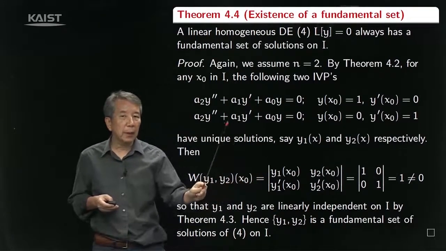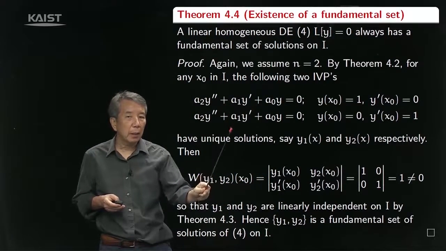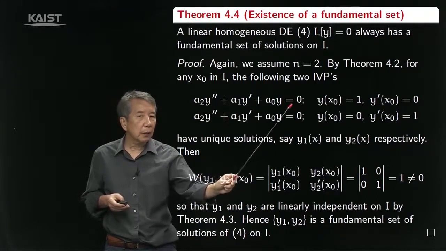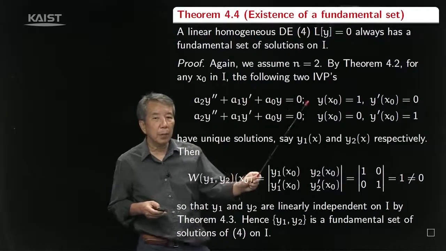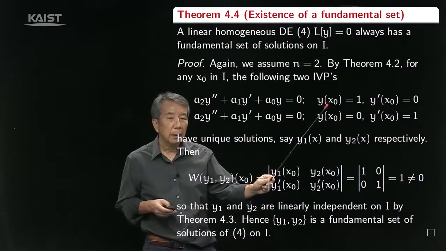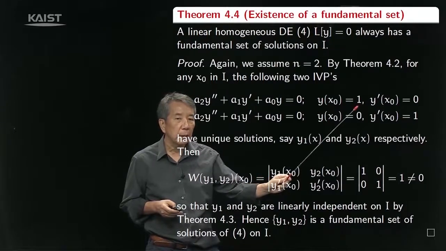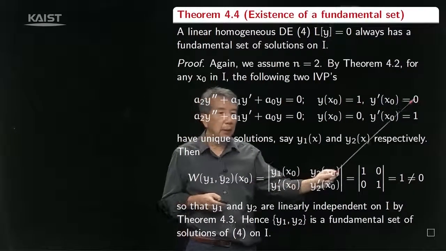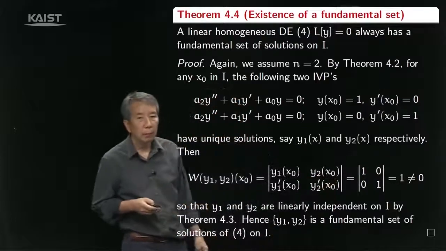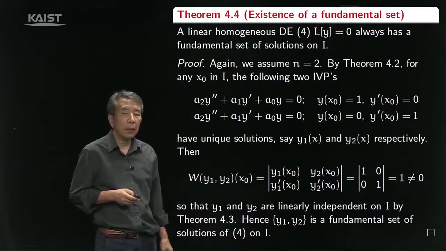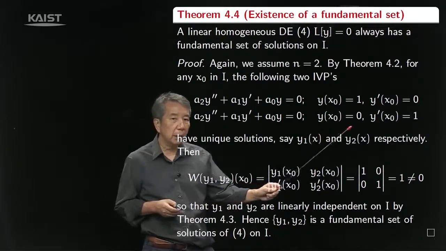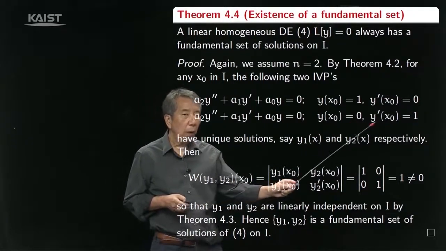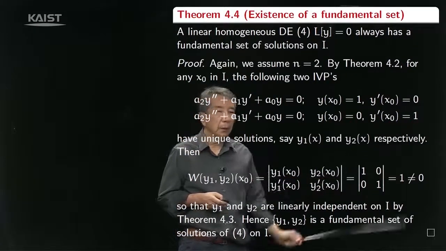The differential equations are the same, the second order linear homogeneous differential equation. The first initial value problem requires the initial conditions y of x0 is equal to 1 and y prime of x0 is equal to 0. The second requires y of x0 is equal to 0 and y prime of x0 is equal to 1.